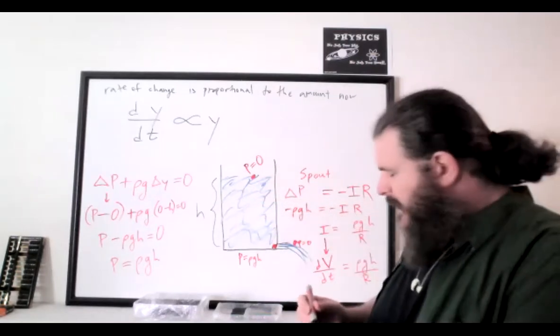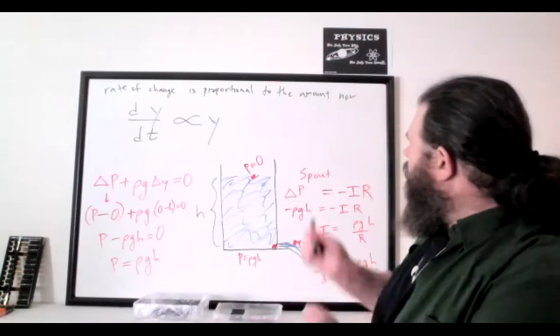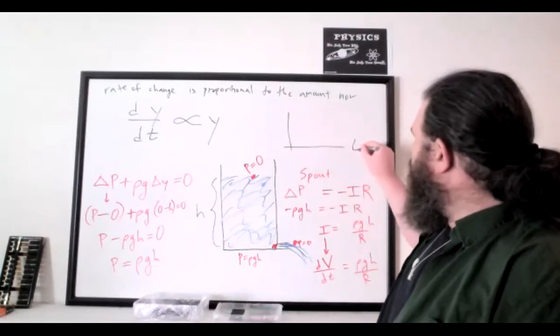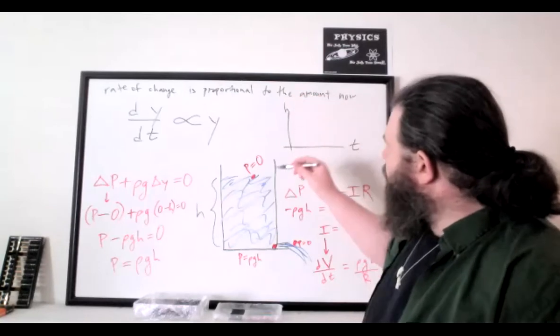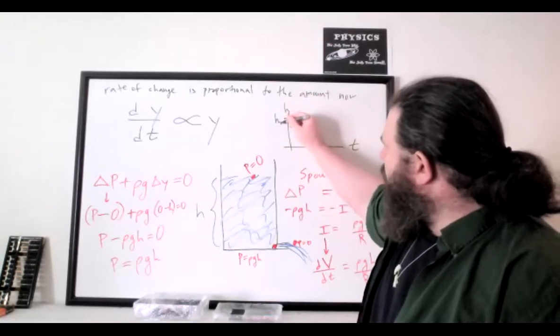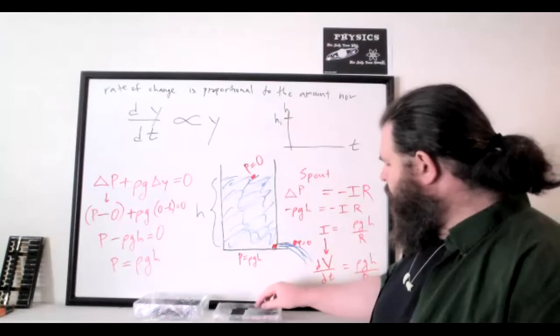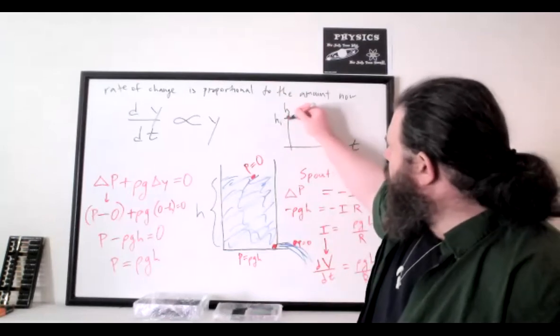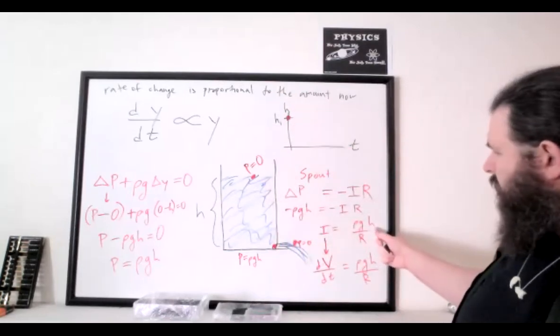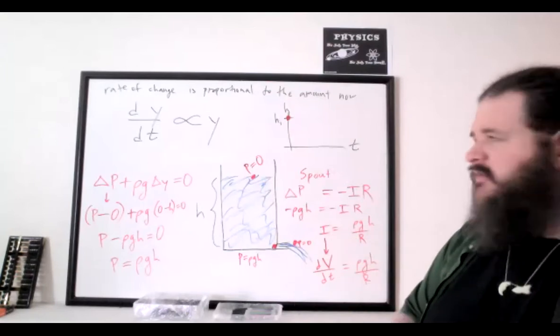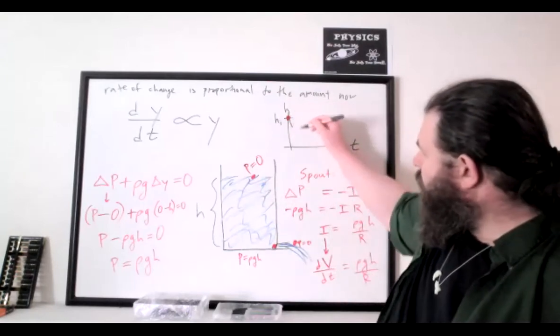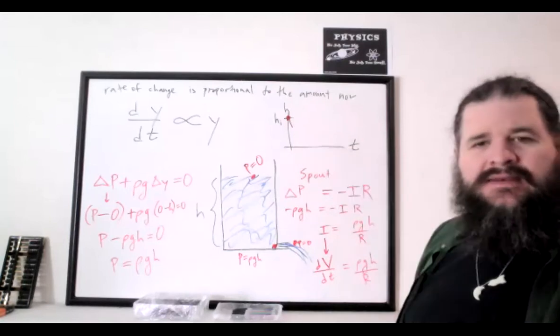In fact, if we were to graph this, time versus height, it starts off at some initial height. Large height means very fast current, which means it's draining very quickly, steep slope. But now there's less height.